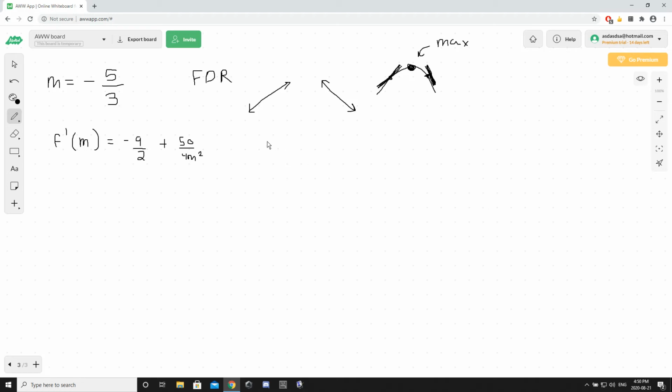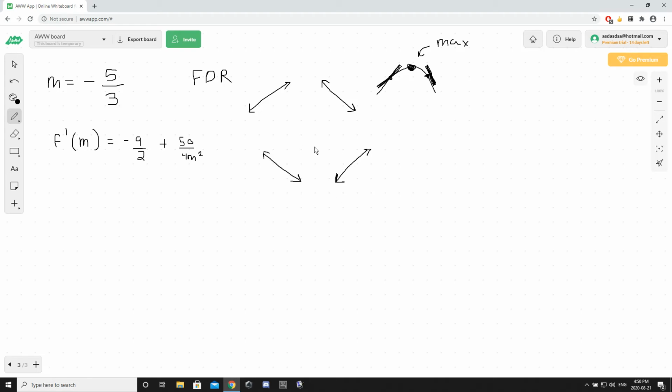Now, obviously, the inverse is true. If you're picking a point to the left of your critical point, you plug it into your derivative function, and you get a negative value, it tells you that the slope of the tangent at that point is negative. And if you pick another point to the right of negative 5 over 3, plug it into your derivative function, and you get a positive answer, it tells you that the slope there is positive.